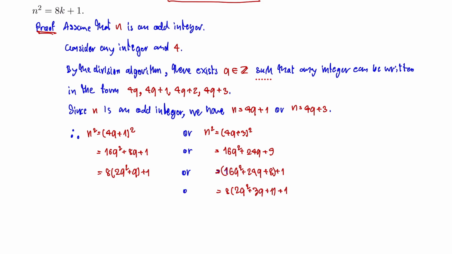At the same time, we can factor 8 out of the first two terms, or the first three terms, so that we have 8 times an integer plus 1. Now I will split into two cases.